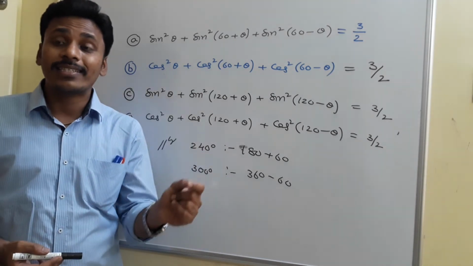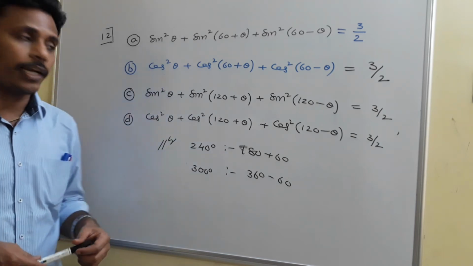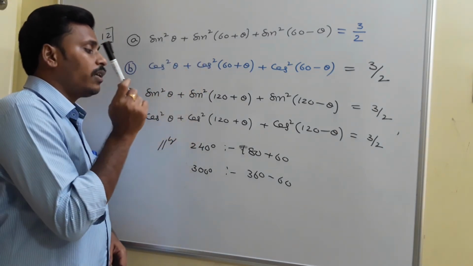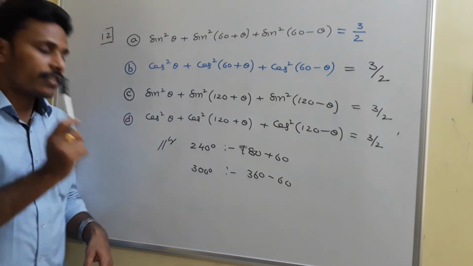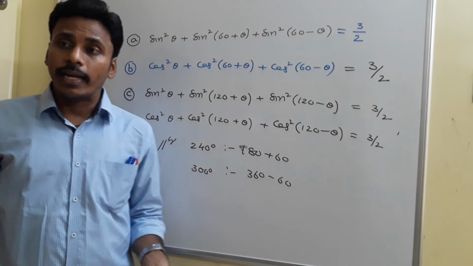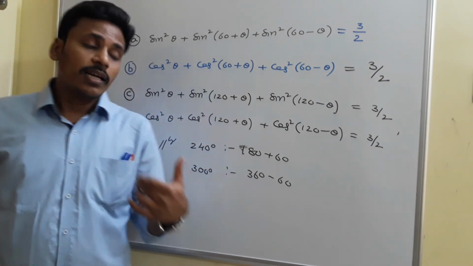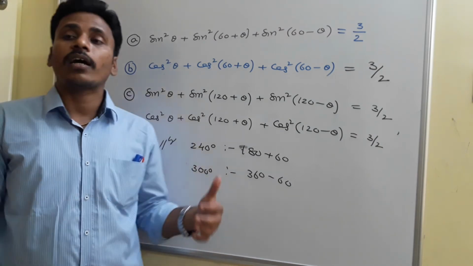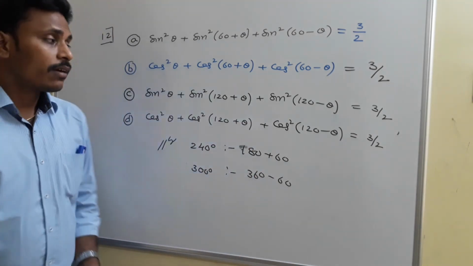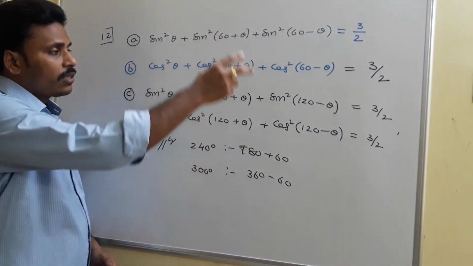Since the square is there, there is no variation between positive and negative. Sine square 60, sine square 120, sine square 240, sine square 300, all these values are the same. In the same manner, cos square 60, cos square 120, cos square 240 and cos square 300 values are also the same. And that's why for all the angles 60, 120, 240 and 300, these results are true.